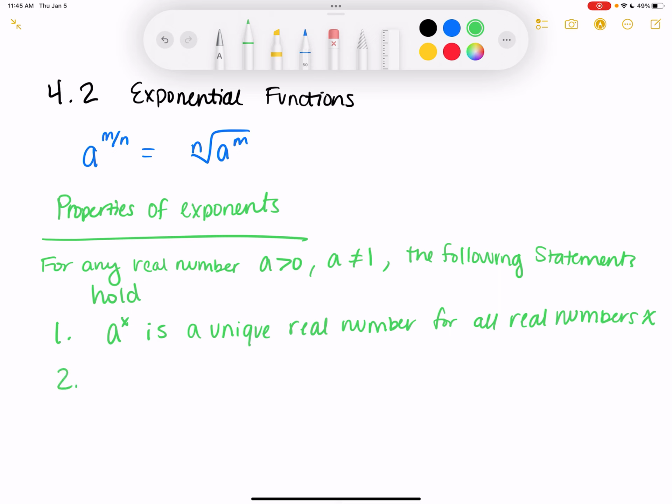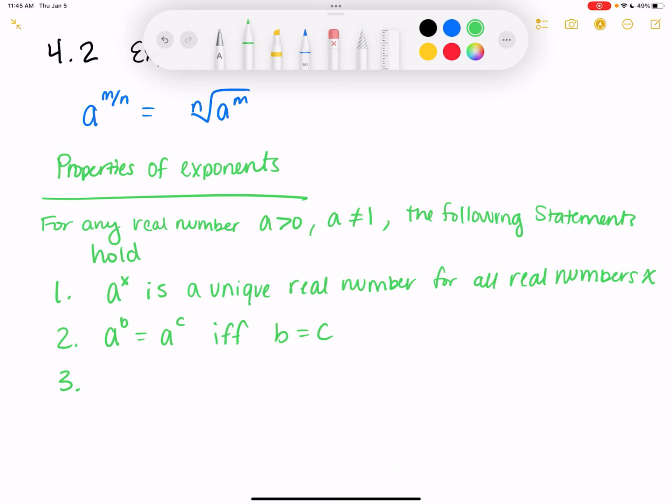Two, a to the b is equal to a to the c if and only if b is equal to c. So that means that statement also works in reverse. Next one. If a is greater than 1 and m is less than n, then a to the m is less than a to the n.